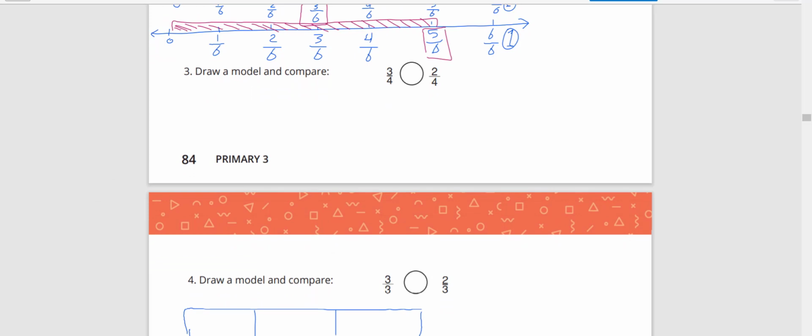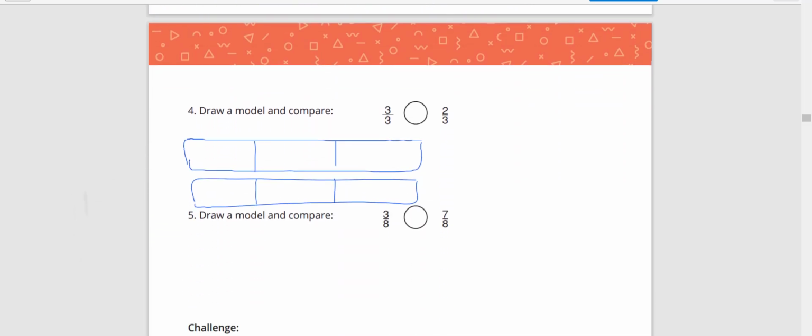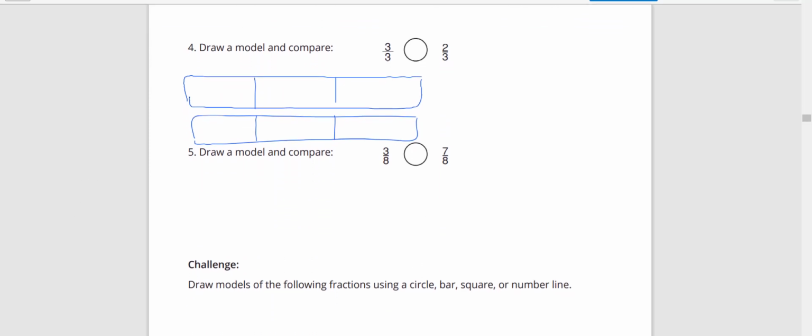Number 3, solve on your own. Exercise number 4, 3/3 and 2/3. In the first fraction, this model is shaded with 3 parts because the numerator is 3.